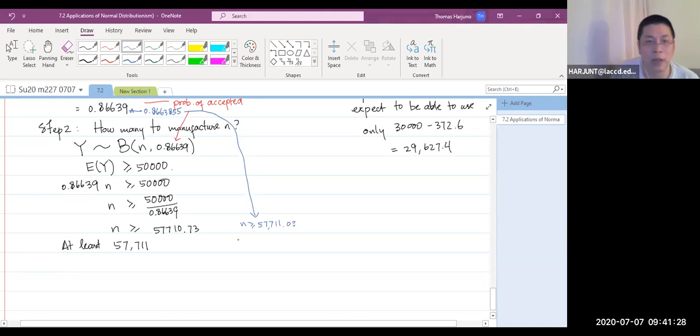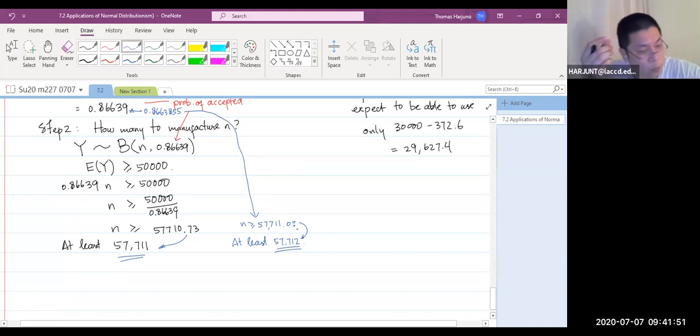Now, if that's the case, then you need to have at least to produce 57,704. Okay, so the result that you rounded here depends on what you get earlier, but always round it up. Okay, in this case, always round it up.